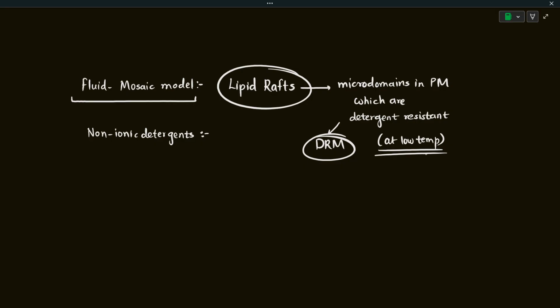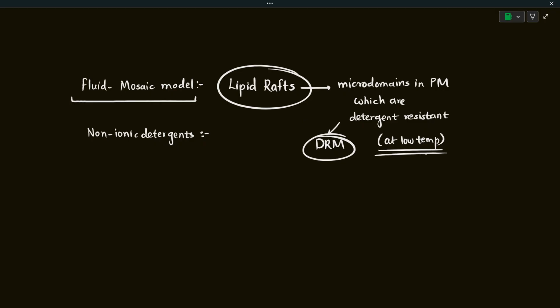Due to the presence of lipid rafts, cell membranes are not homogeneous like we previously saw. They are actually fluid mosaics which are laterally compartmentalized. So I hope you get the concept of why we call the lipid bilayer a fluid mosaic.